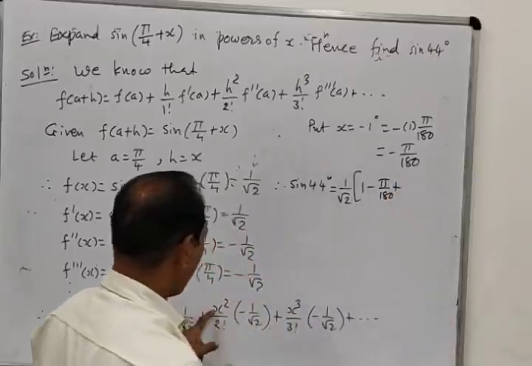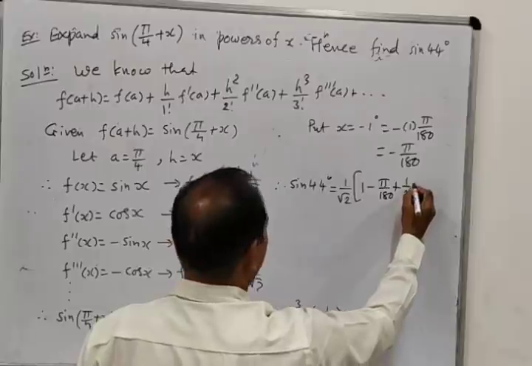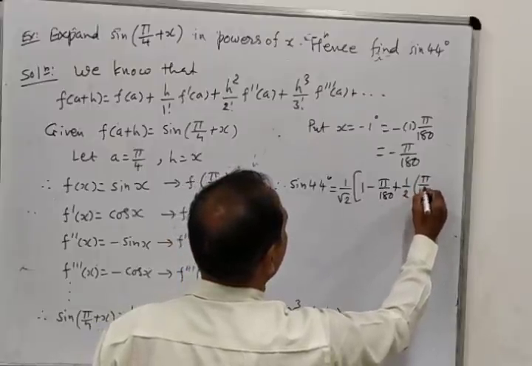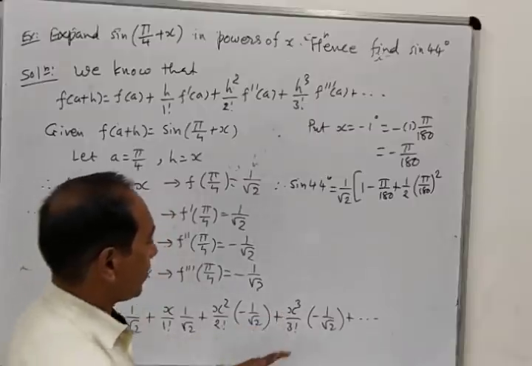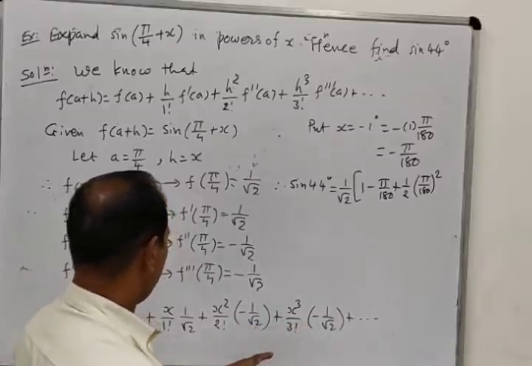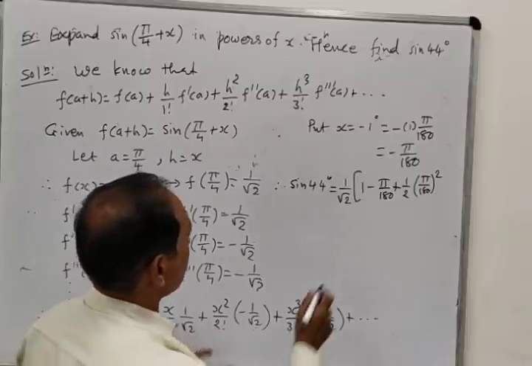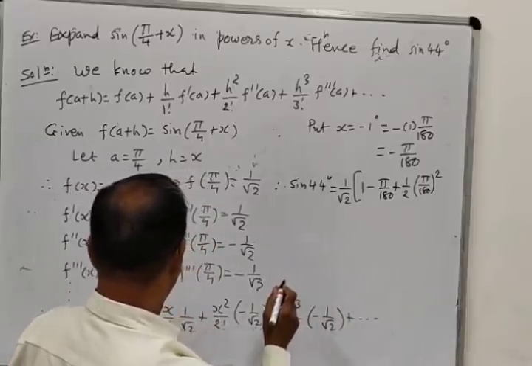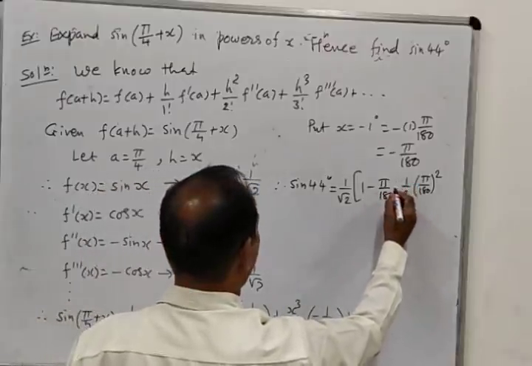Plus x square upon 2 factorial, where 2 factorial means 1 by 2, and x square means pi by 180 whole square. Then plus x cube by 3 factorial into minus. Here it is minus, so we put minus here.